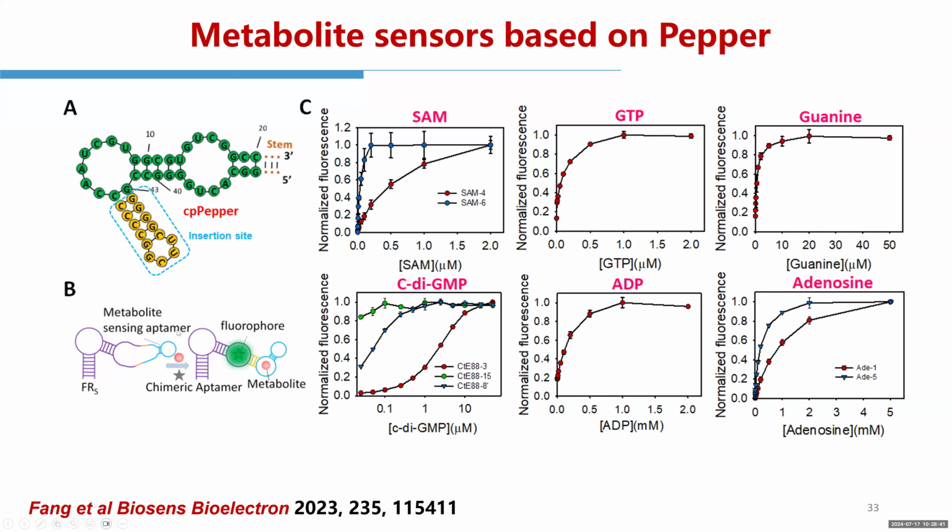We fuse the Pepper with the riboswitches, and the binding of the metabolites induces the formation of the proper Pepper conformation and stimulates the fluorescence of Pepper. These sensors showed up to 100-fold fluorescence enhancement when bound to these metabolites.